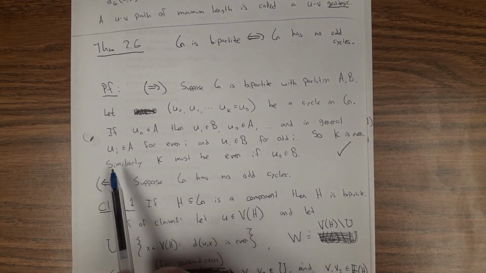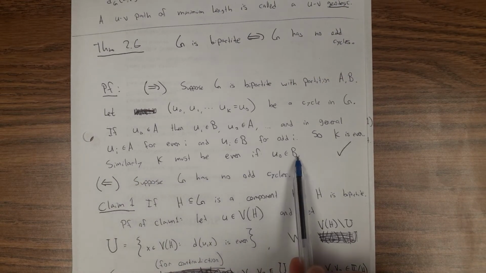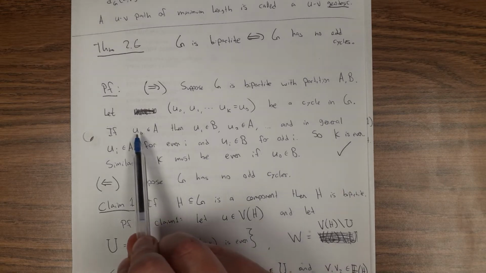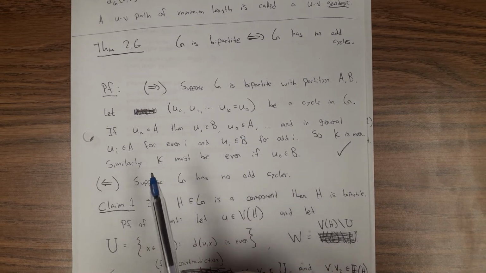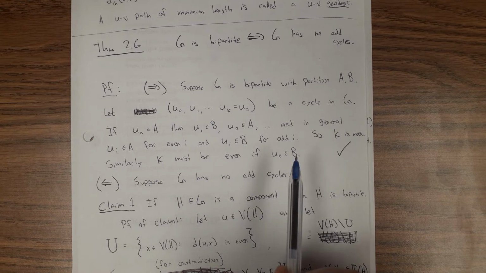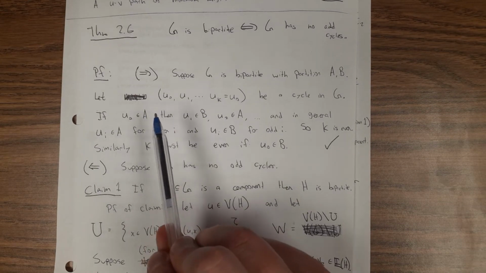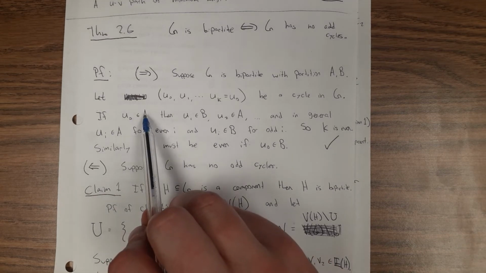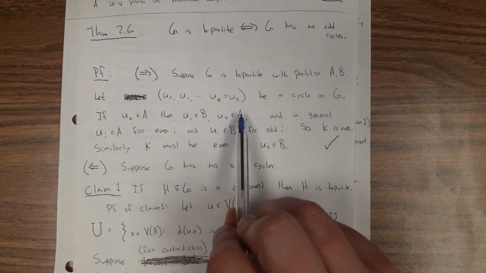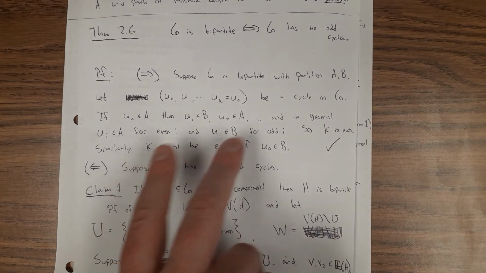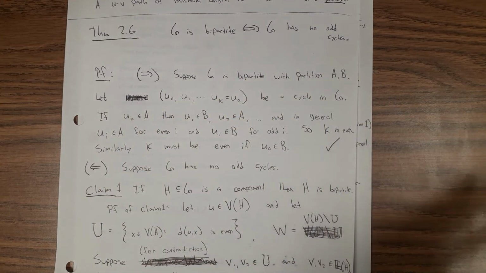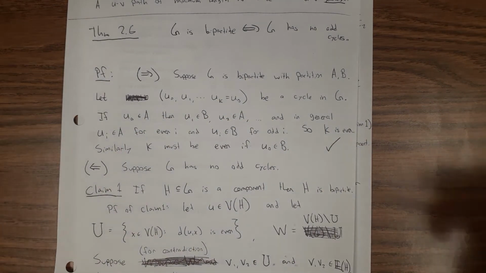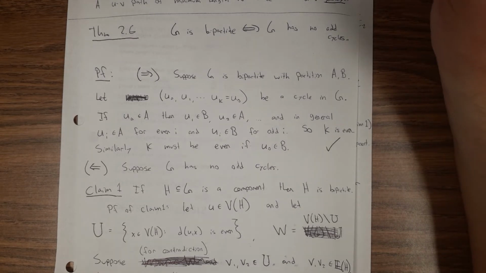By the way, if u_0 was in B instead of A, then I would go through the same argument and I would just switch all the B's and A's. If u_0 was in B, then this one would be in A, and this one would be in B. And the point is that it just switches back and forth between B's and A's, and you still conclude that the length of the cycle must be even.